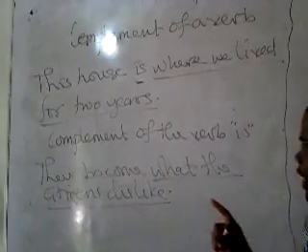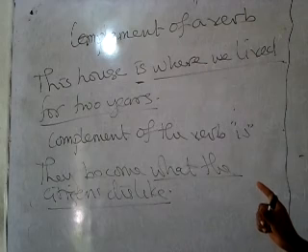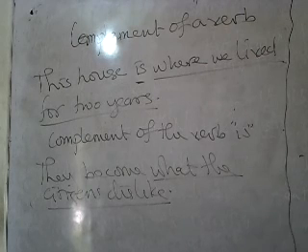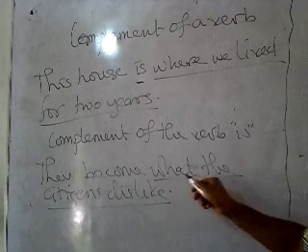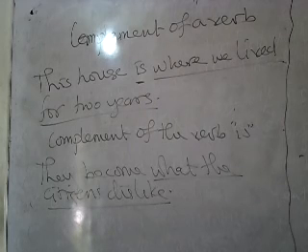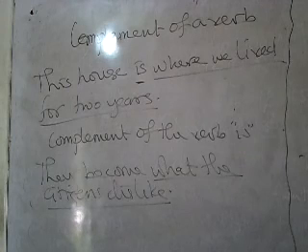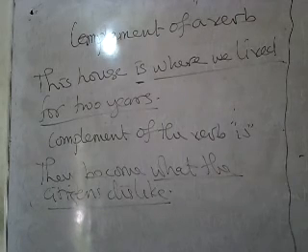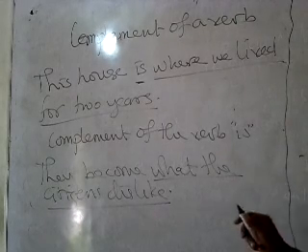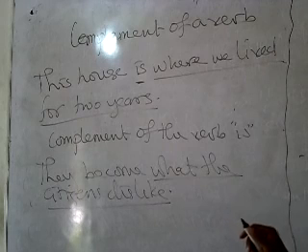Why is it a noun clause? 1, it begins with what. Next, we can also say that when we replace it with who or what, it becomes meaningful. So, they become what? Good. With this, we confirm that it is a noun clause.